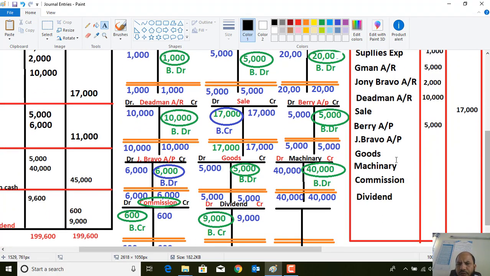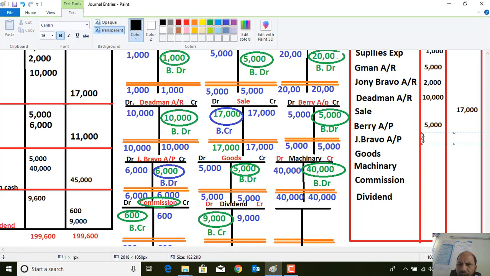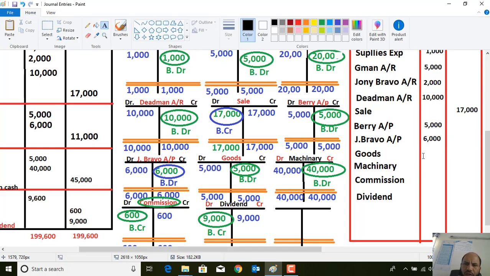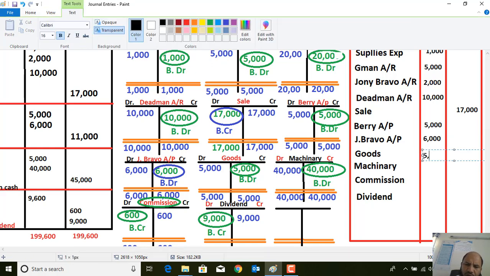Excuse me. Next we have the Johnny Brow account payable. So Johnny Brow account payable is 6,000 rupees and it is also a debit balance, so we will record this 6,000 at the debit column. Goods, we have 5,000 rupees for the goods account and we will mention over here.